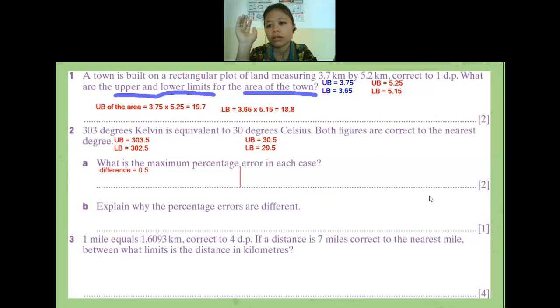The chat box is empty. The voice is also clear. No one is talking. Is there anything still confusing for you? Hello?